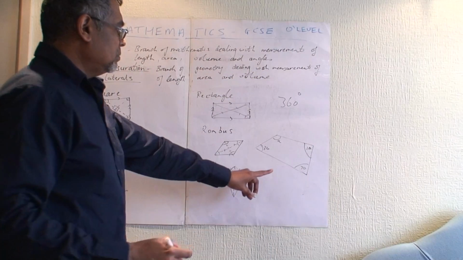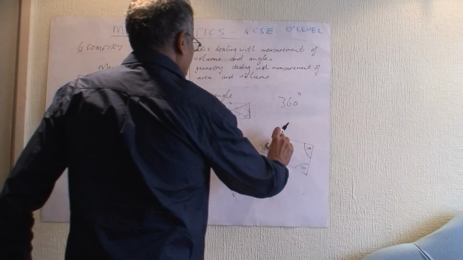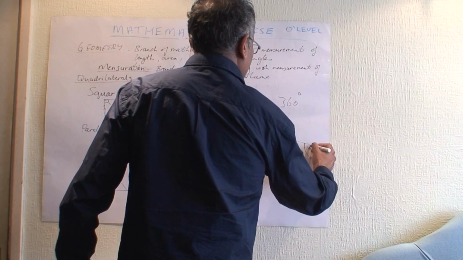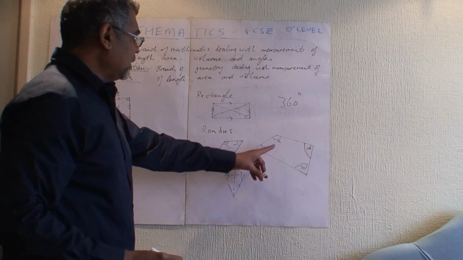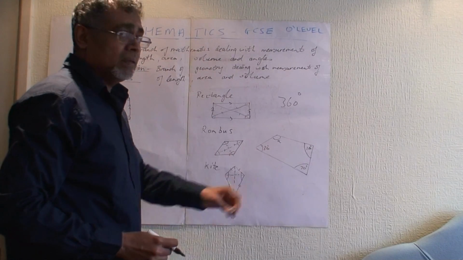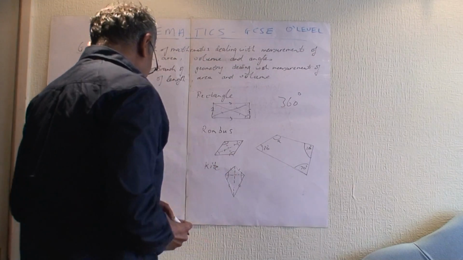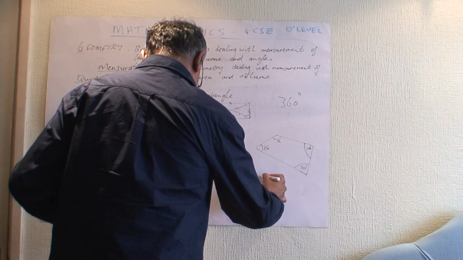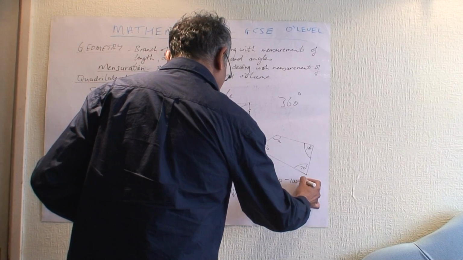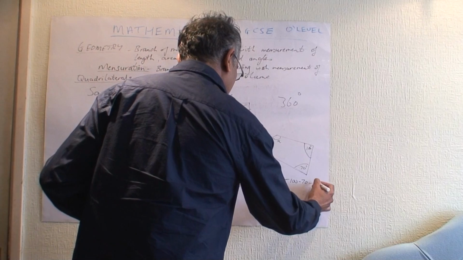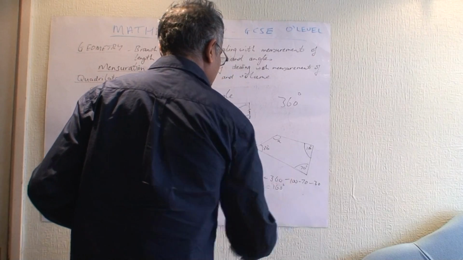So if you have any four-sided figure, say this angle here is 30 degrees, that's 100 degrees, and that's 70 degrees, and we want to find angle A. How much is that angle? A is equal to 360 minus 100 minus 70 minus 30, and that's equal to 160 degrees.